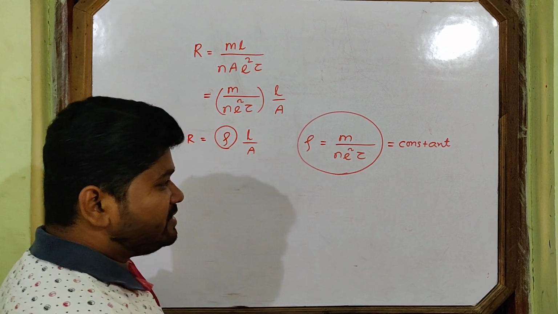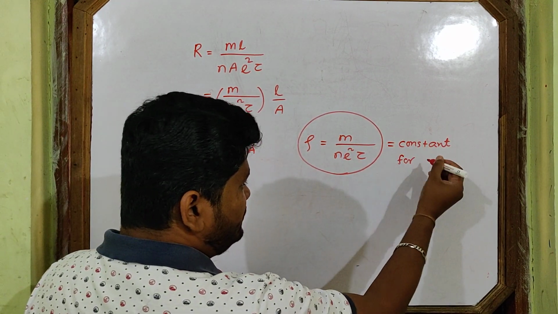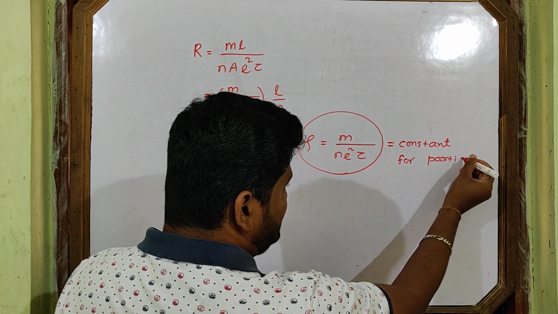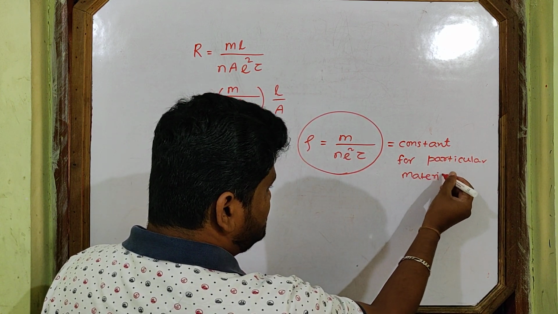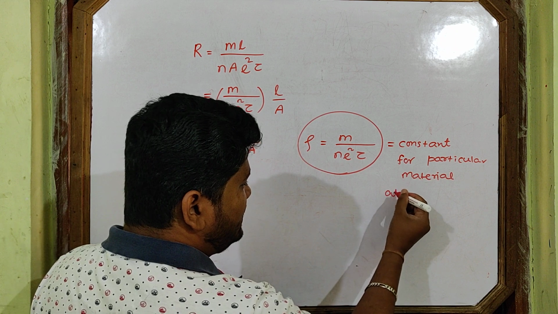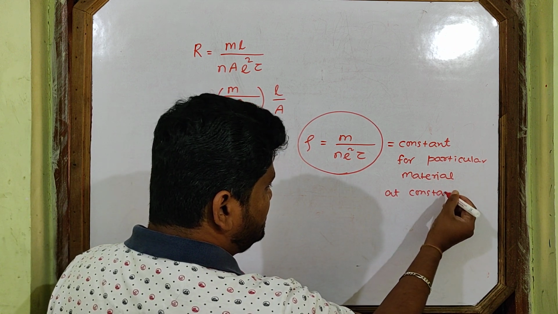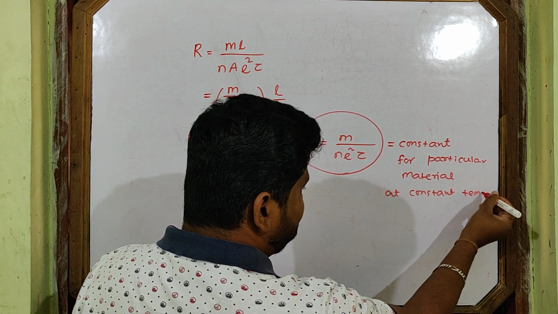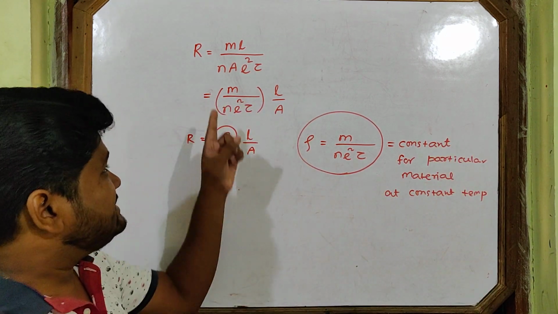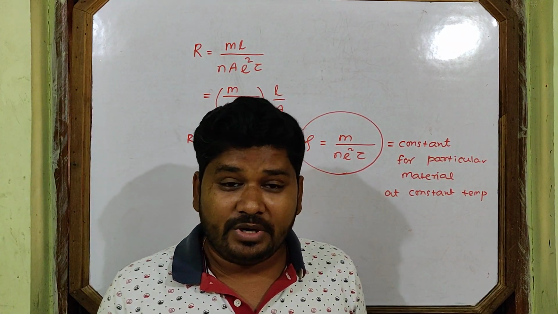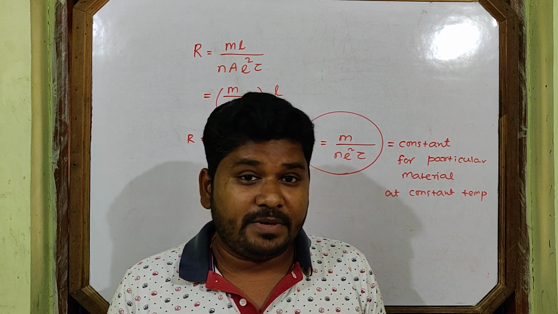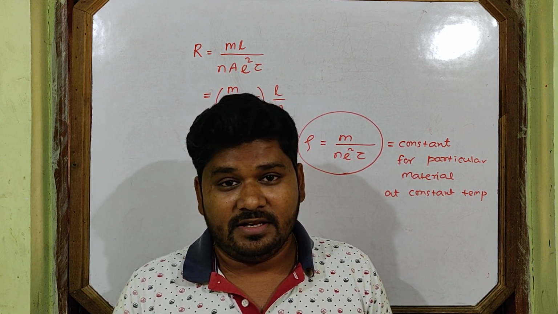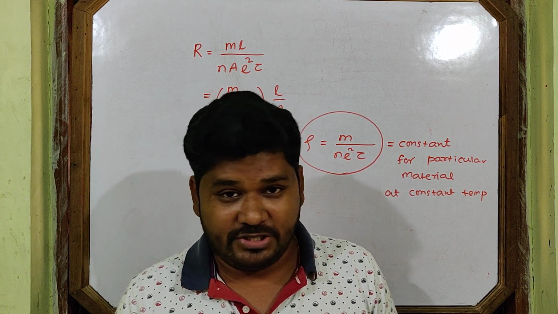But constant for what? Constant for a particular material and at constant temperature. Resistance is constant for a particular conductor made up of a particular material at constant temperature.